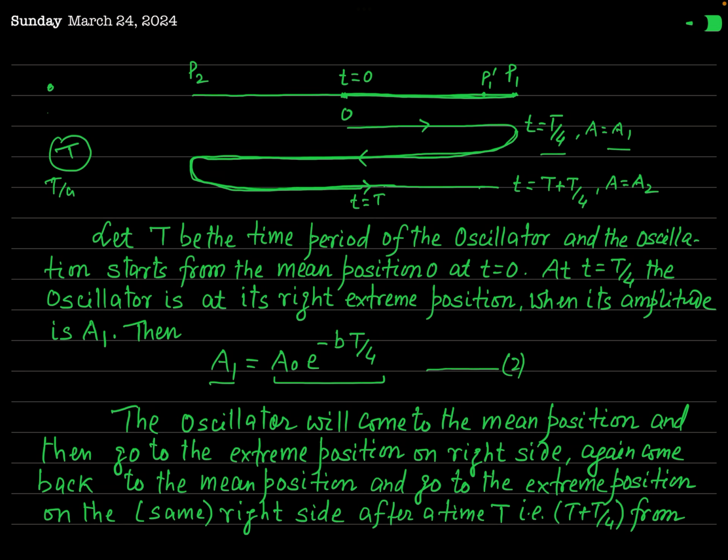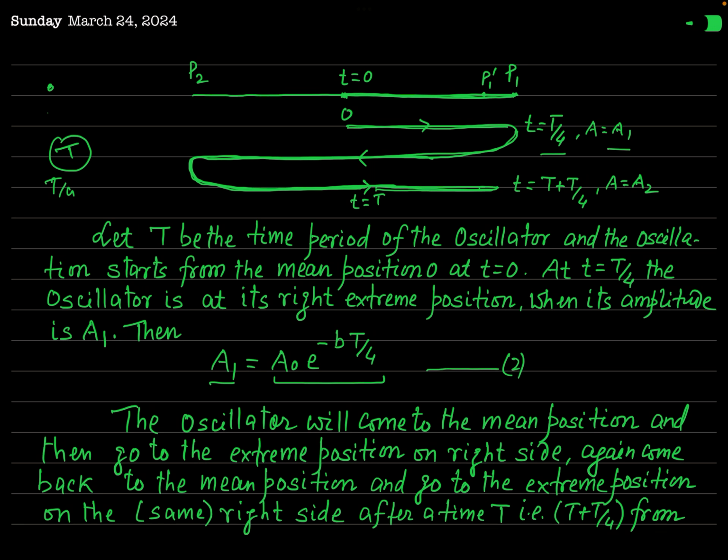In this complete journey, when an oscillator moves from the equilibrium position to an extreme position on one side, then to the extreme position on the other side and comes back to the equilibrium position, the time taken is capital T, which is called the time period. This is the definition of time period. And again, when it moves to the first extreme position on the same side, that is the right side, it will again take T by 4 time.